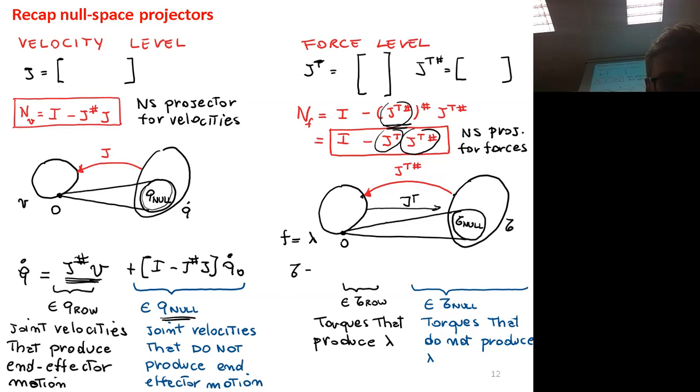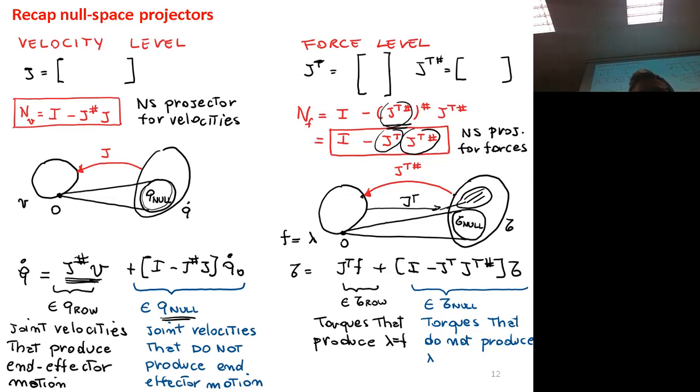So with Jacobian transpose F, we get into the row space. These are the torques that produce some force at the end effector, plus we can have a null space projection of torques that do not produce any force at the end effector.